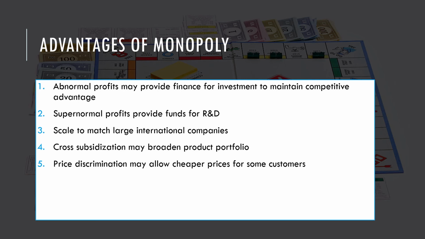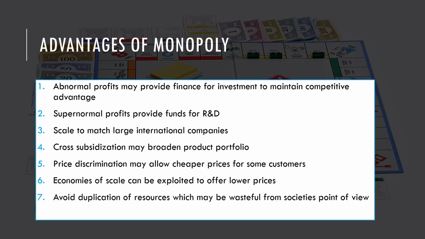Price discrimination may allow cheaper prices for some customers, and economies of scale can be exploited to offer lower prices. Sometimes when we have two businesses competing with each other, we have a duplication of resources, so two sets of workforce. We can't exploit economies of scale in the same way. So this may be wasteful from society's point of view, and actually a monopoly provider might be the best and most efficient way of doing it.